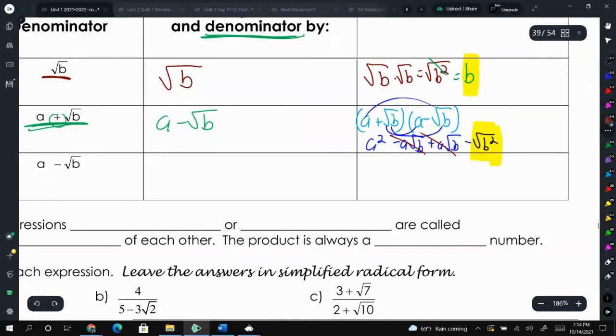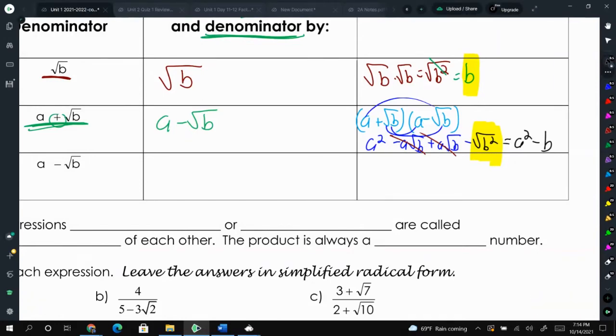And then these would cancel out, so it actually would simplify to a squared minus b. No more radicals.